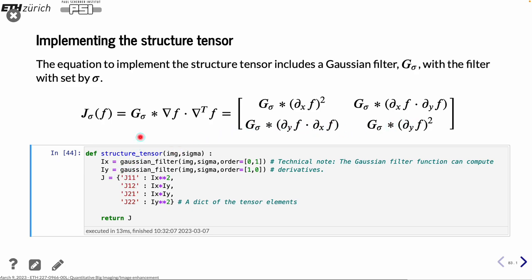For this now I wrote this function, and I'm actually using a special feature of the Gaussian filter, so I get the Gaussian filtering and the derivative in the same function. That's a little trick which is quite useful if you want to compute smooth gradients. Then the results I put here in different elements in a dictionary, and that is what we are going to use for the continued analysis.